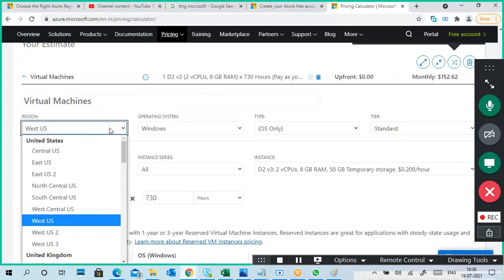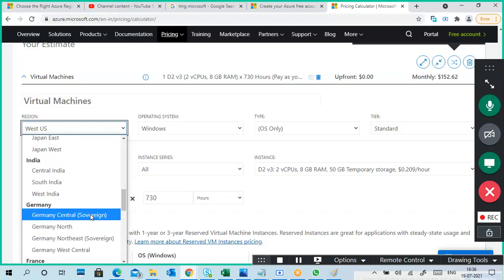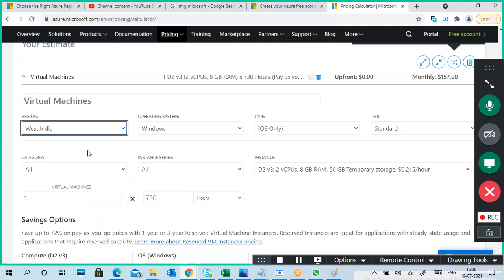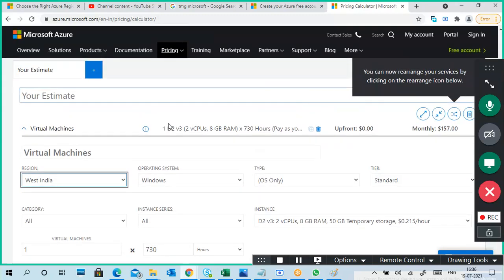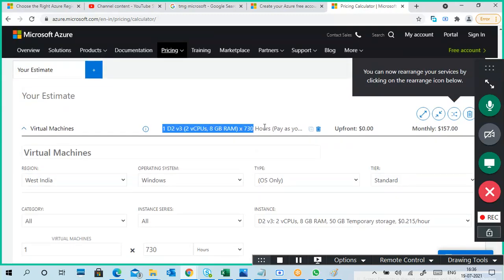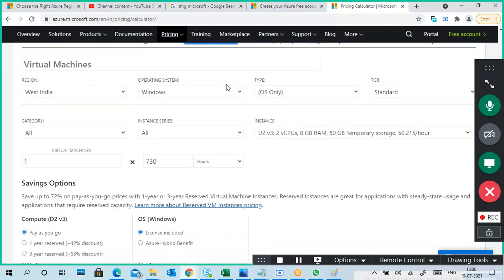There are regions for everything. This is the United States region. For India, you can choose Central India, South India, West India. I am located in West India. It is showing D2 v3, two CPUs, 8 GB RAM.